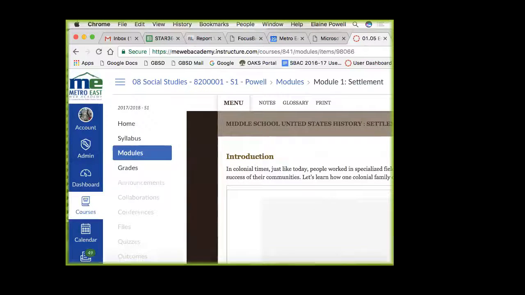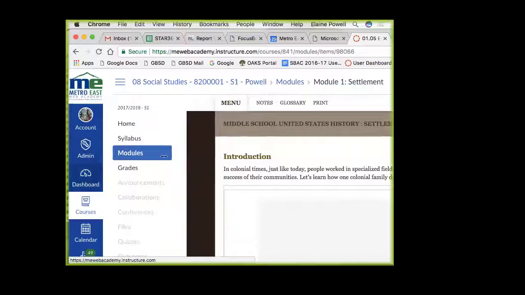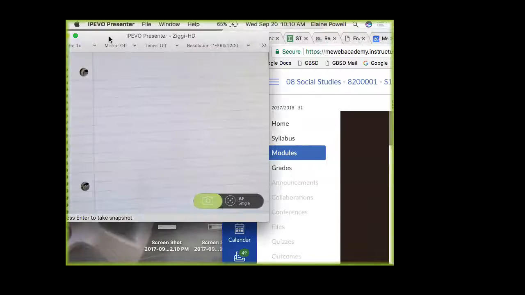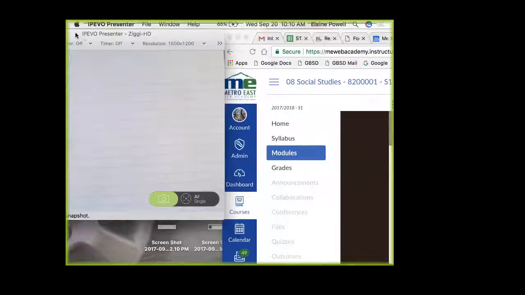I want to have my docu-cam and this side by side, but it's not letting me. You sure you don't want the docu-cam up there and your other screen over here? Will the people on Zoom be able to see both? As long as you're sharing the screen that has the docu-cam. They don't need to see the Zoom screen, they only need to see the docu-cam.